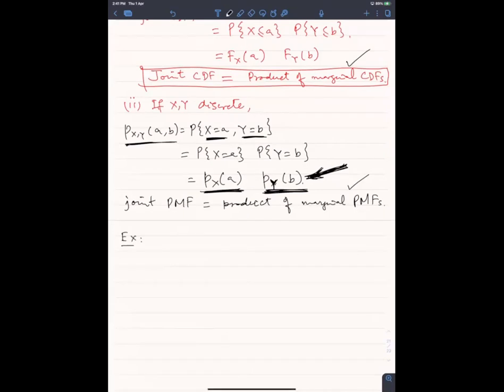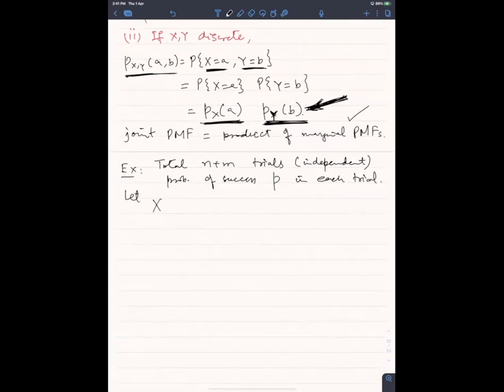The example is that you have a total of n plus m trials with probability of success p in each trial, and all of these trials are independent.